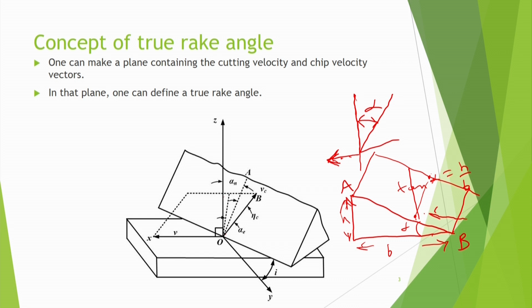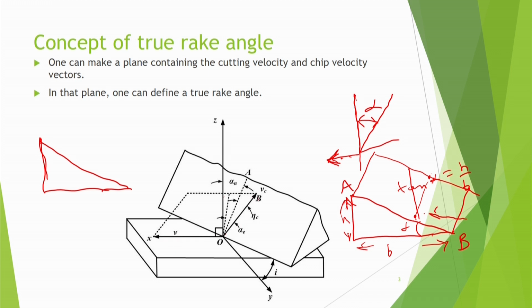Suppose I cut a vertical plane cross section; then you get what you draw in books when solving mechanics problems, simply a slope. But if you make a horizontal cut, you get a different one. Similarly here, you have to visualize this: you have alpha n, the normal rake angle, in the normal plane, but I am now talking about the plane which contains the chip velocity and also the tool velocity.